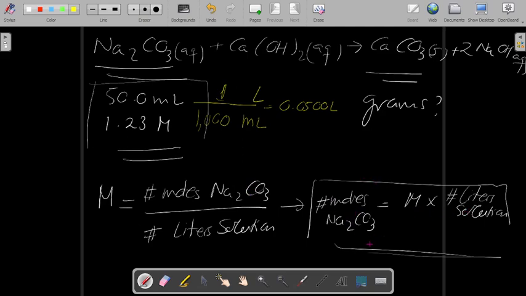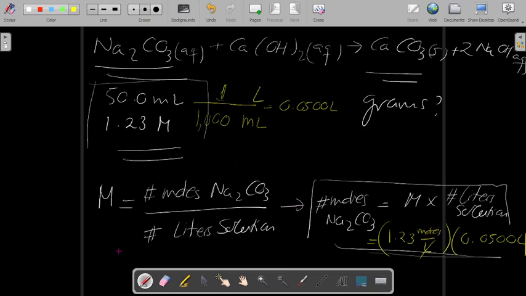Do I have all the information I need now to find my moles? Yeah, I do. My molarity is 1.23 what? Moles per liter. That's what molarity is. Multiplying the liters I just found, 0.0500 liters. Liters are going to disappear, and I'm going to be left with moles. How many moles? I'll put it in the calculator.